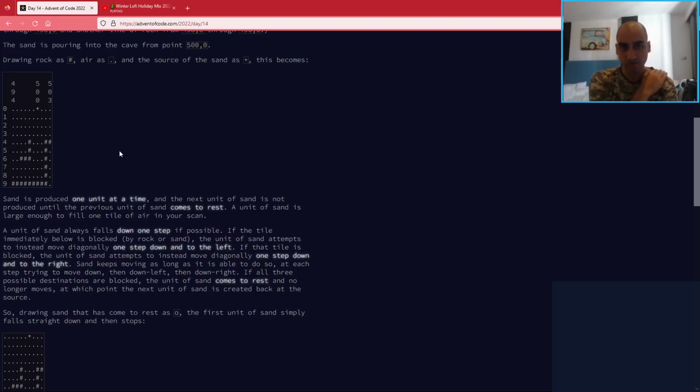It's basically Minecraft rules, or Terraria is probably the better comparison here. It's 2D. 1 step if possible. If the tile immediately below is blocked, the unit of sand attempts to instead move diagonally 1 step and to the left. And if that's blocked, it moves to the right.